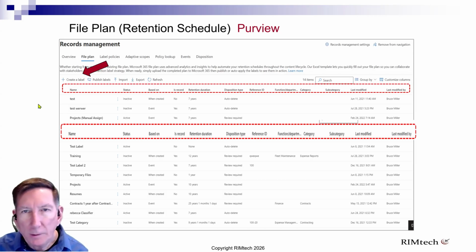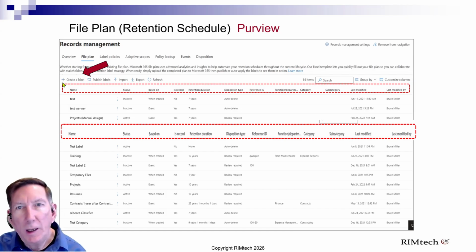And I want to bring your attention to this. When you want to create a new category in Purview, you don't say create a new category. You say create a label. What's a label? It's a retention rule. So every one of the 5 products is different, but the retention schedule must fit. And every product has a different fit.